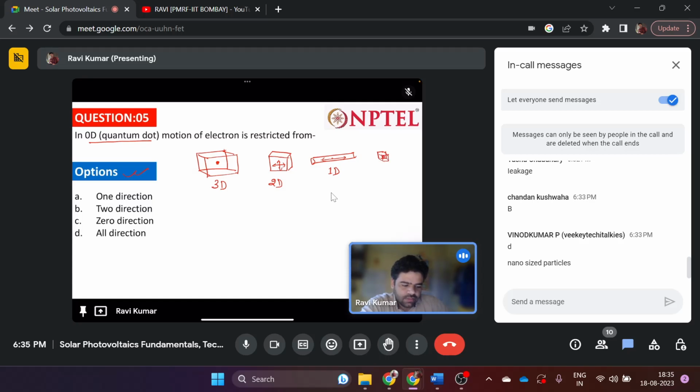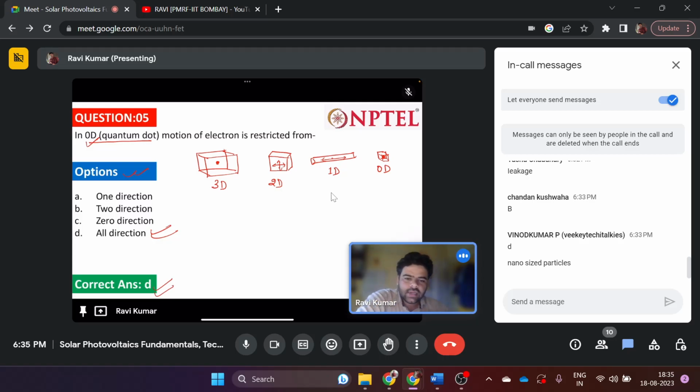Our electron will be restricted here, and that is known as zero dimension. In zero dimension quantum dot, motion of electron is restricted from all direction, and the correct answer is D.